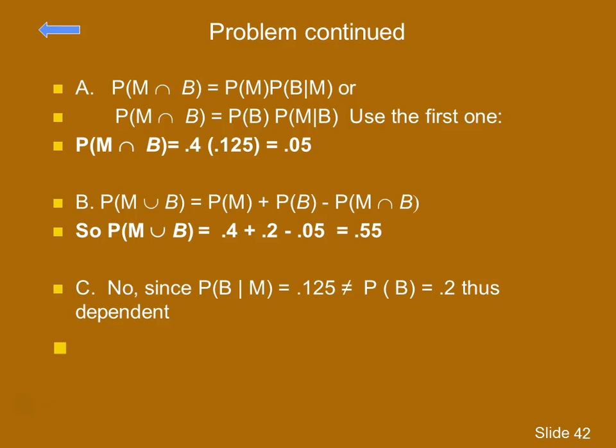That has to be the probability of M plus the probability of B minus the intersection of M and B. The first two were given to you in the problem. M is 0.4, B is 0.2, and we just calculated the intersection in the first part. So M intersect B is 0.05. Put it all together and you will get 0.55 as the union M union B.